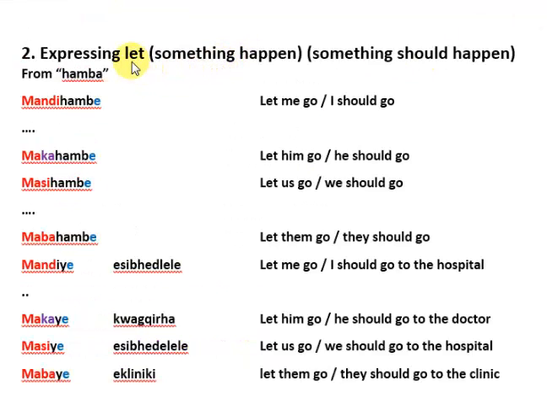Secondly, we want to express let something happen, or the fact that something should or ought to happen, or that somebody should do something, using hamba. Mandi hambe, let me go, or I should go. Maka hambe, let him or he should go.